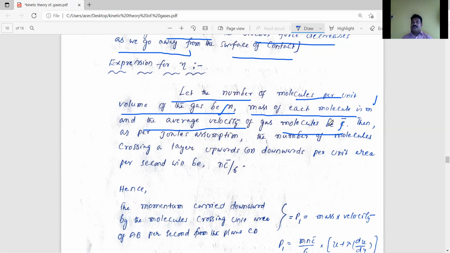c1. Let the number of molecules per unit volume be n, the mass of each molecule be m, and let the average velocity of each molecule be c1.